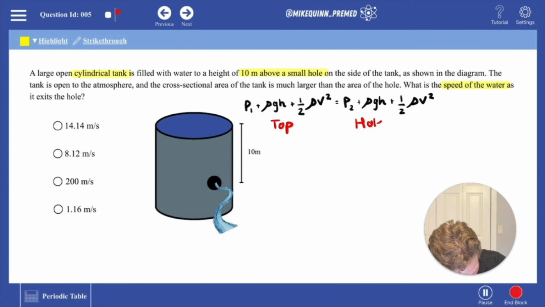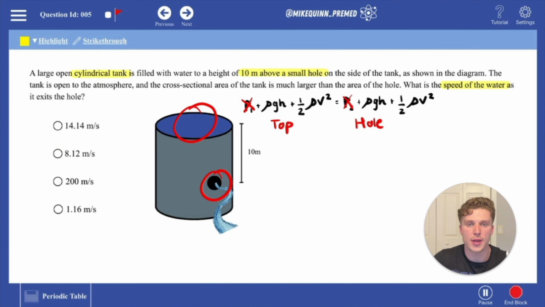Now we can do a ton of canceling out here. We can cancel out P1 and P2, and the reason we can do this is these represent the atmospheric pressure. The top of the tank and the hole are both exposed to the same atmospheric pressure, so we don't need to put that in our equation if they're the same.